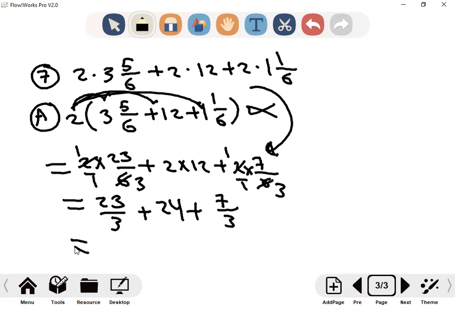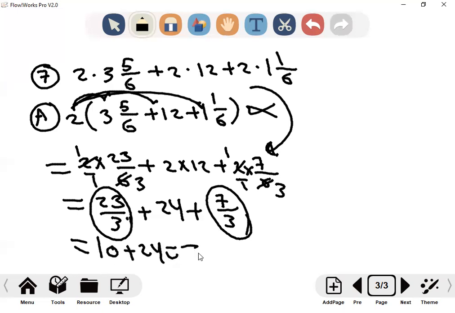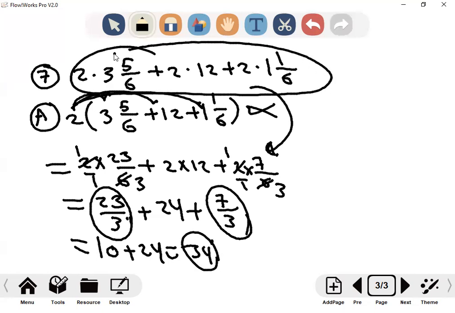Right. We have two like-denominator fractions here. 23 plus 7, like denominators, so we add directly. 30 over 3, 10. 10 plus 24, 34. So the answer of the whole expression is what? 34.